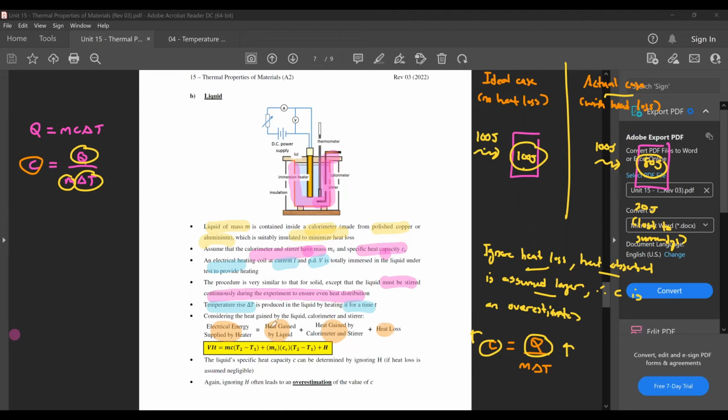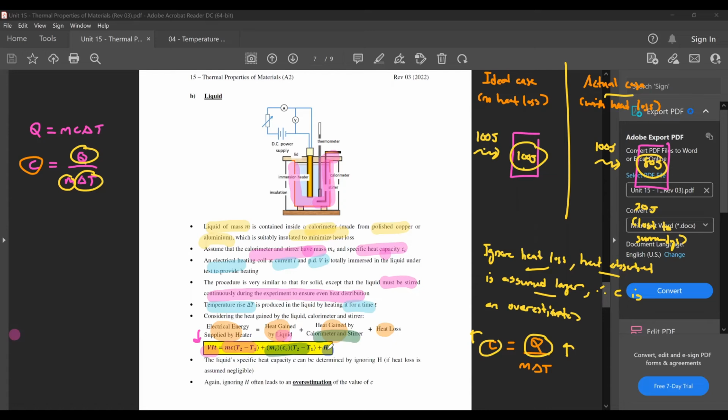Okay, so this is the energy equation. When you write it out with mathematical symbols, you get VIt equals mc delta T for the liquid, and then mc delta T for the calorimeter and stirrer, and then not forgetting your heat loss. Okay, so same thing again.